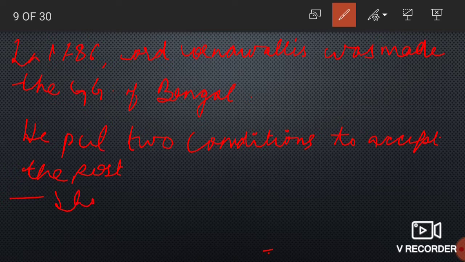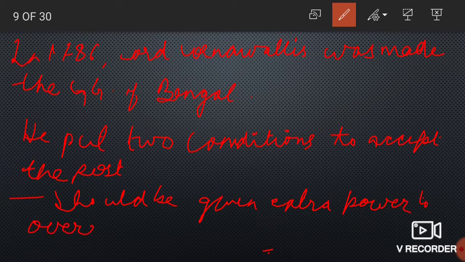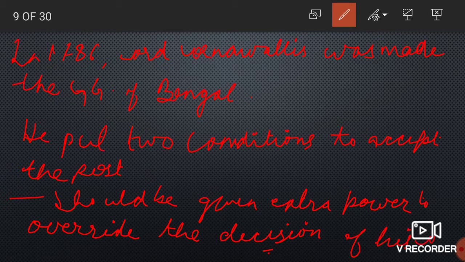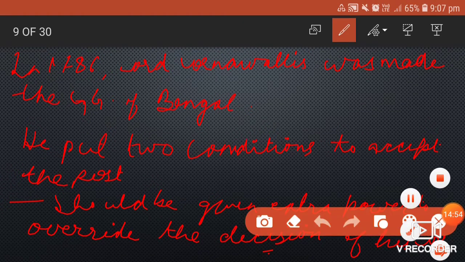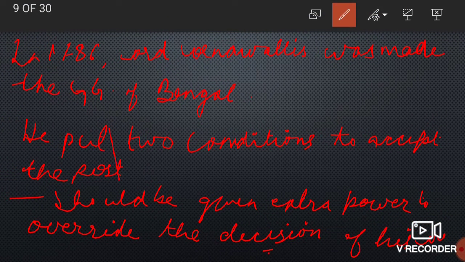He should be given extra power to override the decisions of his council in special cases.